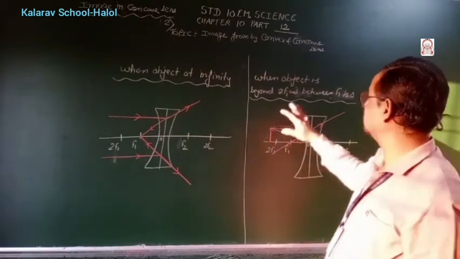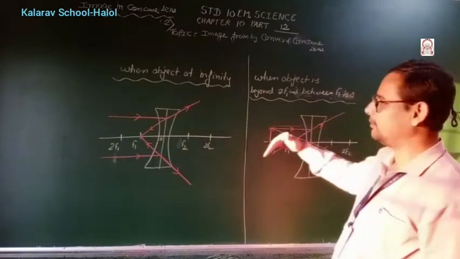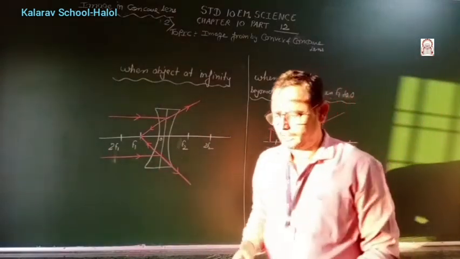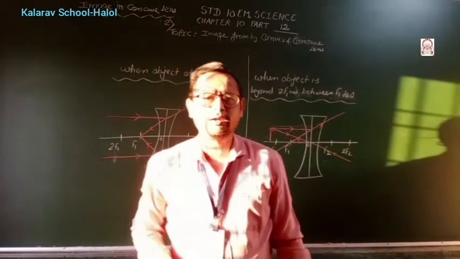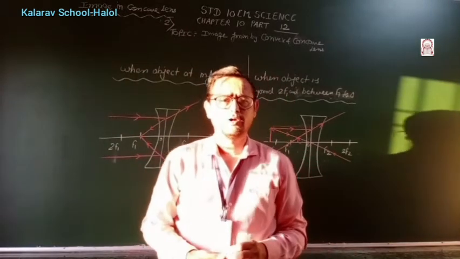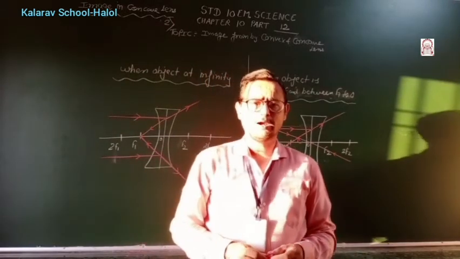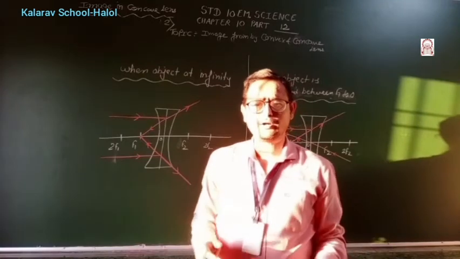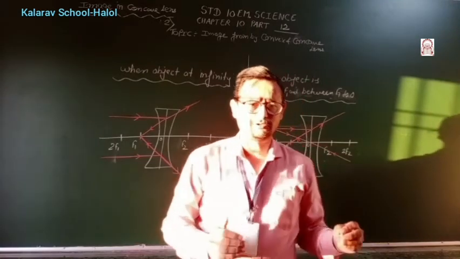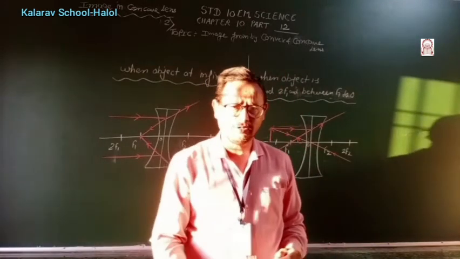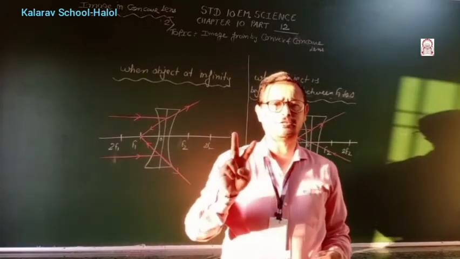Is it clear? This is the concave lens, and all this in detail I gave in the PDF. You study that and try to understand, and here we have completed this topic. After this only 2 things remain.